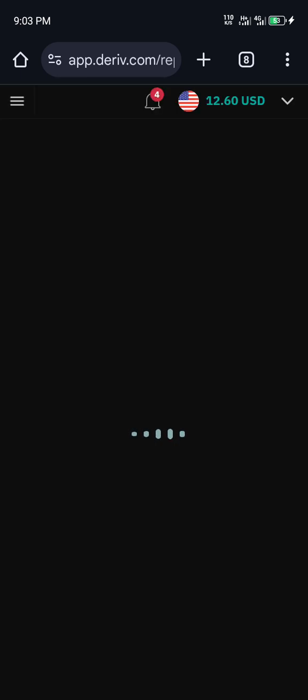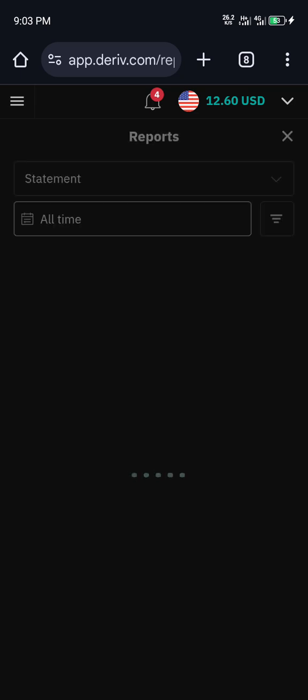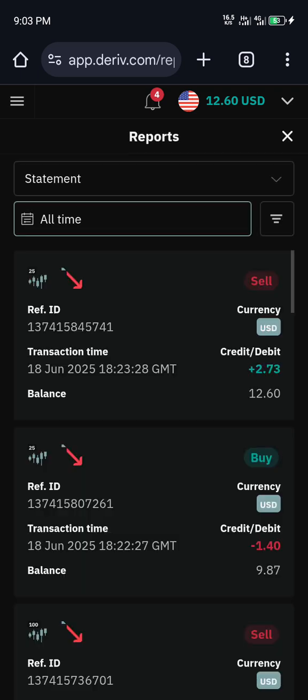This is the same account. You can check the date. This is the account statement. From the account statement you can see the date of the trading. You can confirm it. This is 18 June 2025.